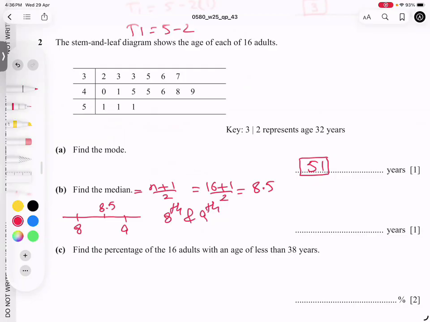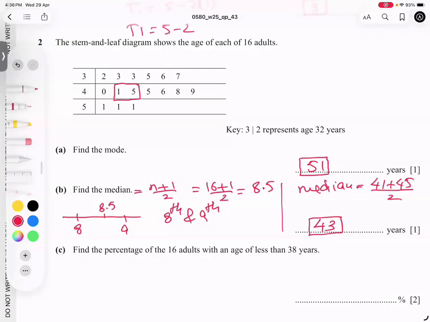Let's count 1, 2, 3, 4, 5, 6, 7, 8, and 9. These two numbers are 41 and 45. So the median of these two numbers is 41 plus 45, divided by 2. That gives 86, and 86 divided by 2 is 43. So the median is 43.